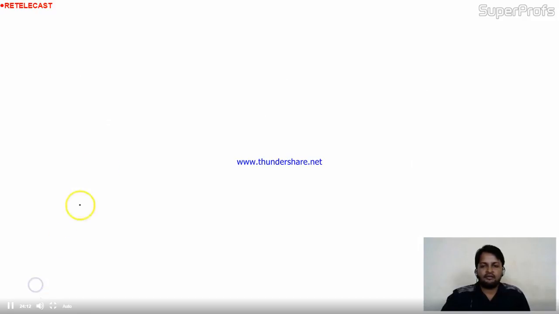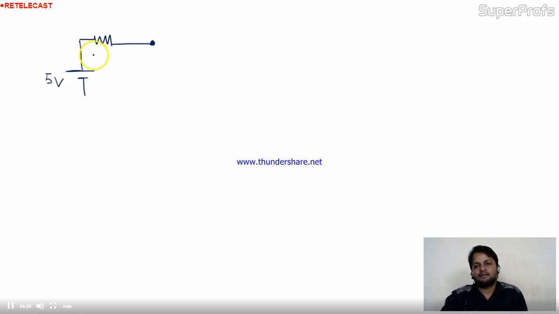Okay, so I'm taking a simple example. See, a battery of 5 volt, and this is nothing but 10 ohm. I'm taking a branch across A and B, and the value of the branch is same, 10 ohm.